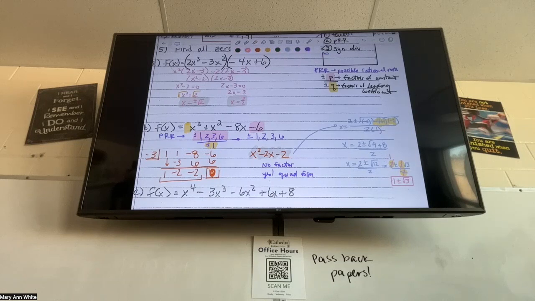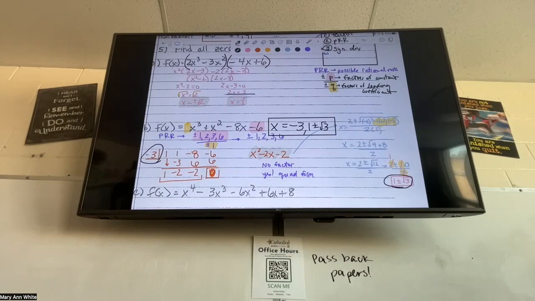So my zeros here, if I were to list all of them together, my zeros are negative 3. Don't forget about that guy. And then 1 plus or minus root 3. If you could take a factor out, you try to.